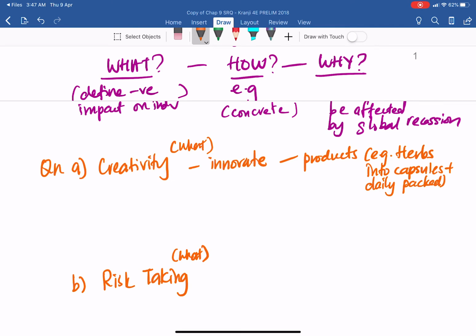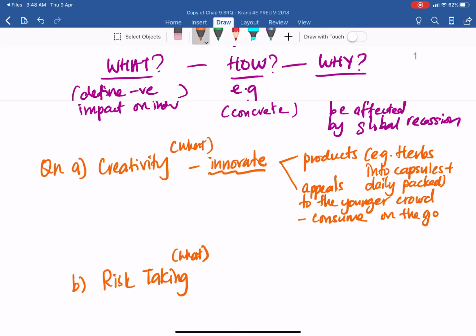It is actually very innovative because it appeals to the younger crowd. Why? They are able to consume on the go. And it is always the younger crowd that have no time to boil these herbs. Usually it's the older generation, right? So this company is able to really innovate and able to attract more consumers.